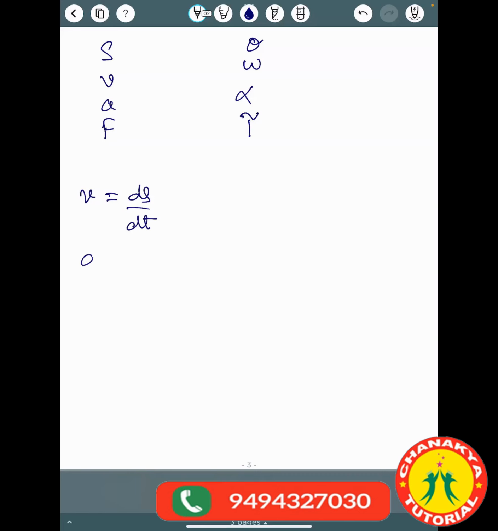A is equal to dv by dt. And you know that m will be replaced by I. F is equal to ma. Can you guys write the same here for rotational variables? 2 minutes. Write quickly. One by one, each of you has to tell me one formula.